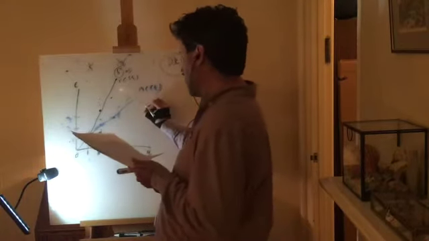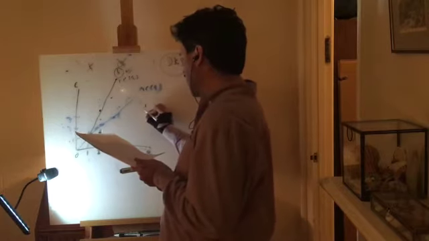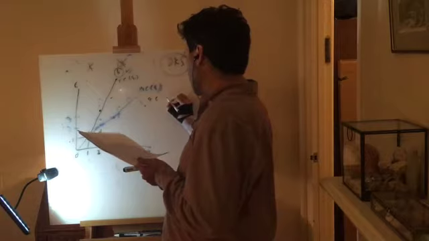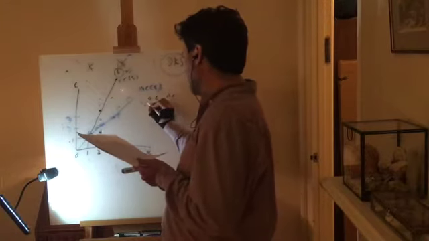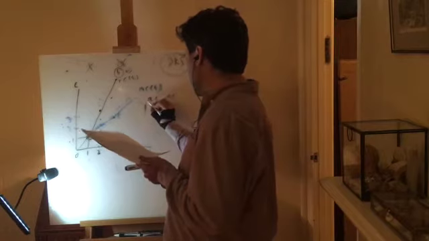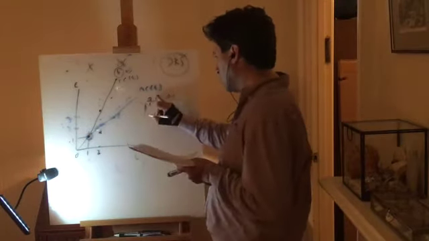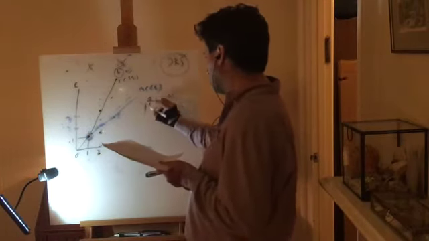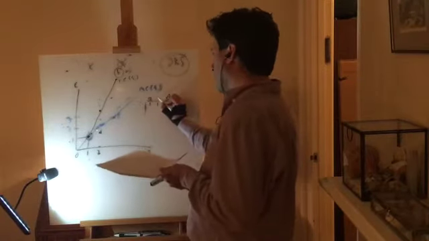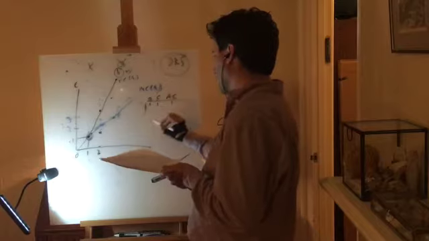Well, the first unit costs 1. So let's say Q, cost, and average cost. To produce 1 unit costs 1, so we have 1 divided by 1 equals 1.